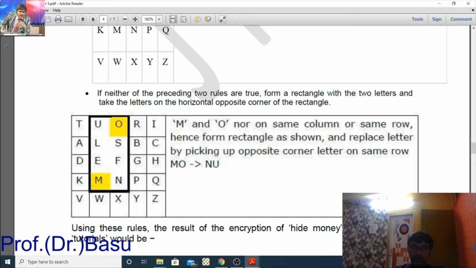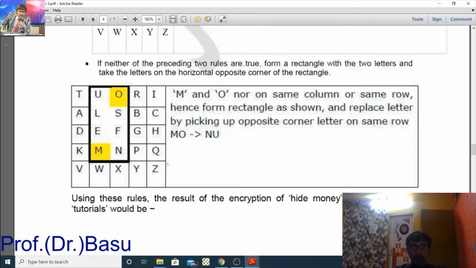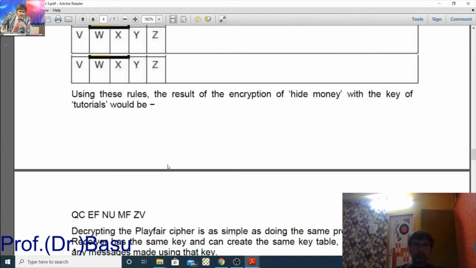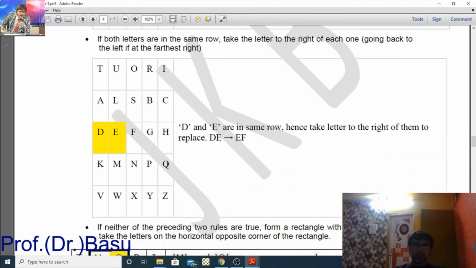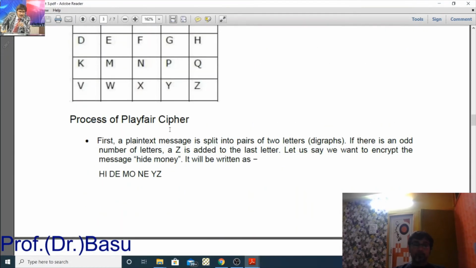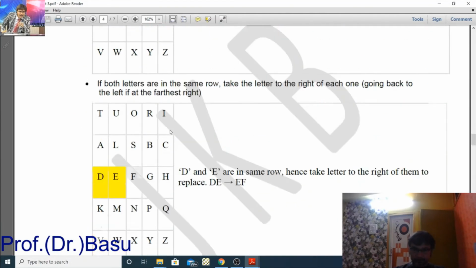So M and O will be replaced by N and U. These three rules are applied in the Playfair cipher. This way we generate the cipher text according to the Playfair cipher system.